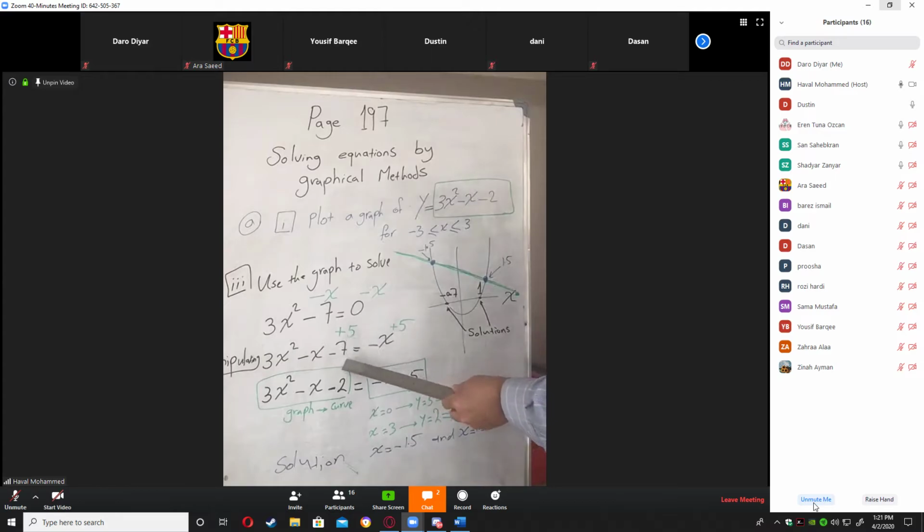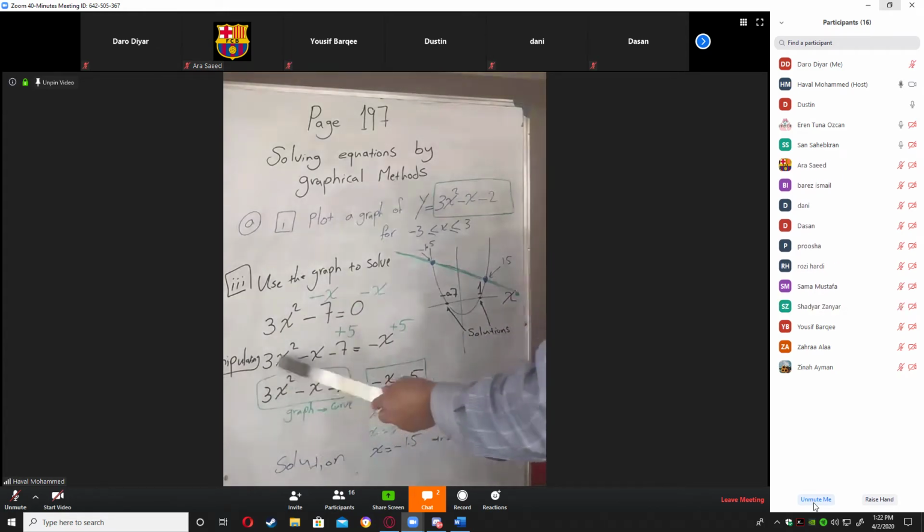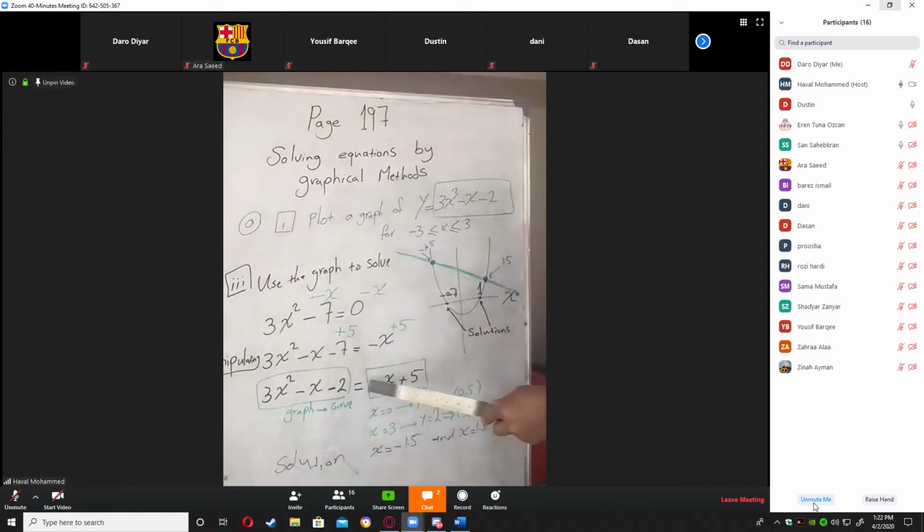Then that negative 7, I need to make it a negative 2. And how? By adding plus 5. Then you put plus 5 on both sides, and we're going to end up with that. And that's called manipulating. What we have done from this to here is manipulate. And I've already got the graph of that. I need to plot the graph of this one. And this is a straight line. We studied that as well.